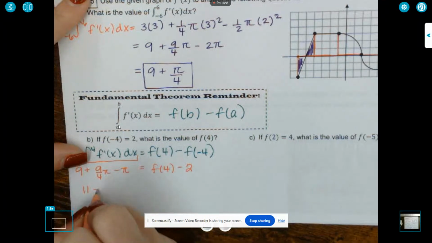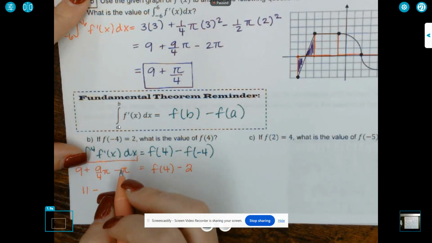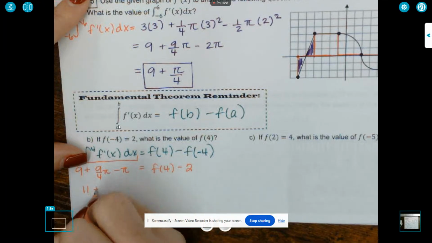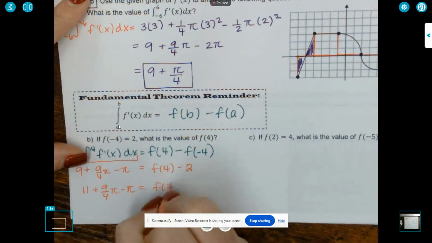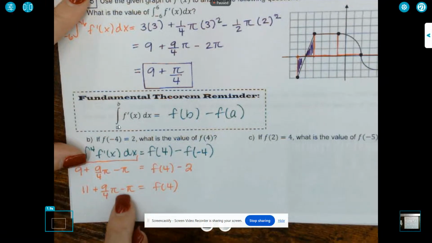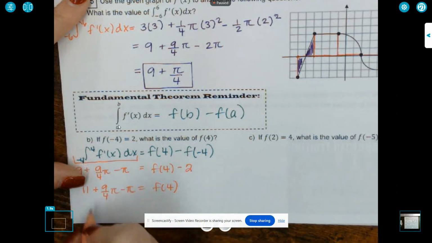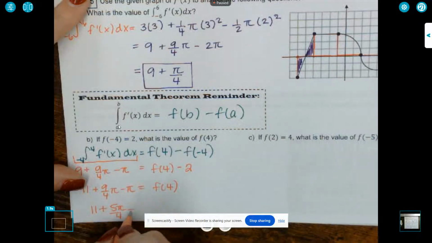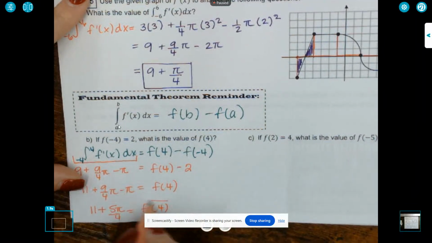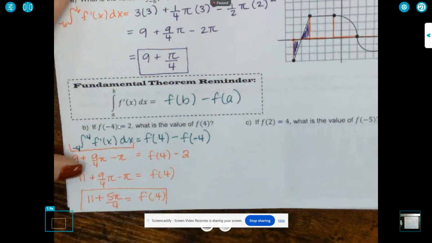So that's going to give me 11 plus 9/4 pi minus pi would equal f of 4. And then if you simplify this, 9/4 minus 4/4, it's going to be 11 plus 5 pi on 4 is our value for f of 4. So that's what you're looking for there.